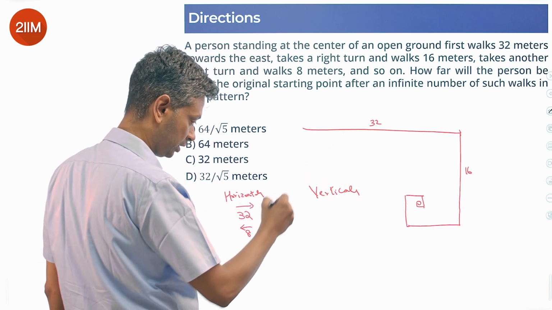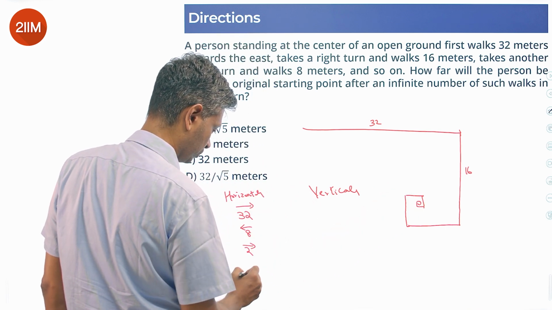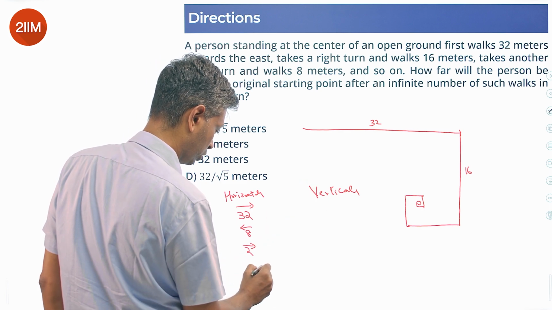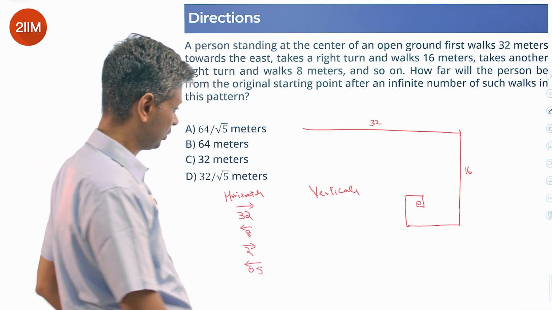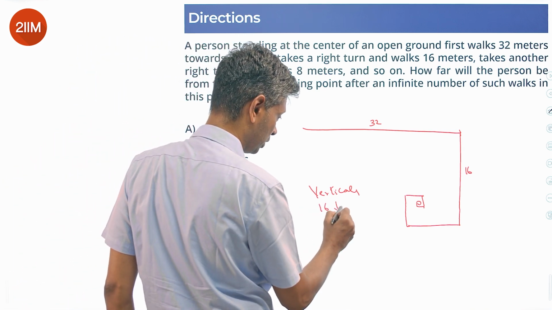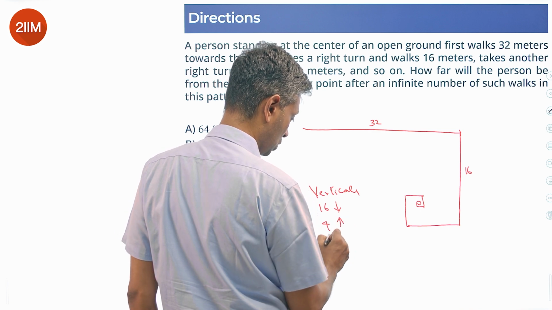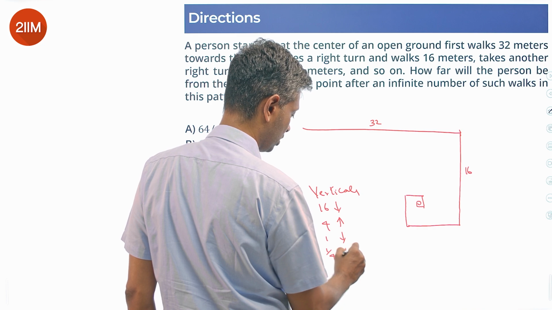Right turn, 4, 2 this way, and then 1.5 this way. The vertical ones will be 16 downwards, 8, 4 upwards, 1 downwards, 1/4 upwards, and so on.